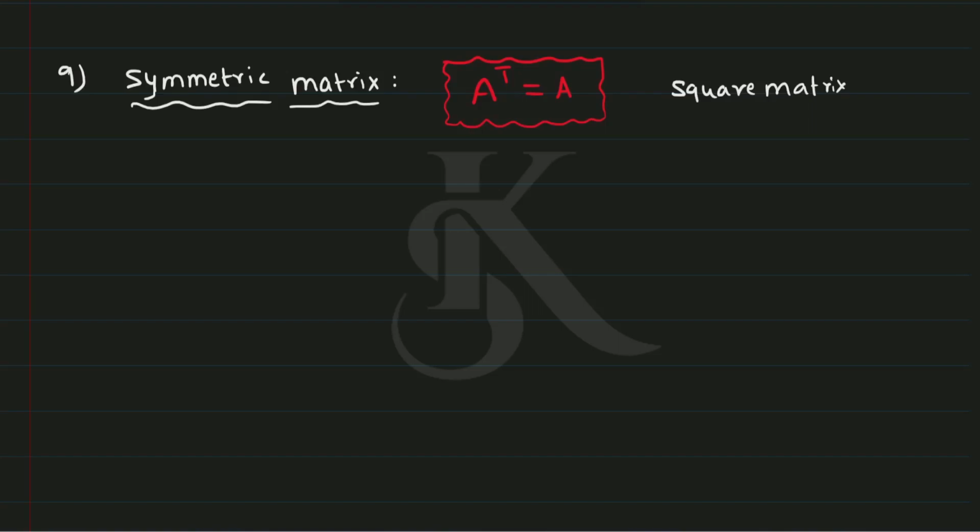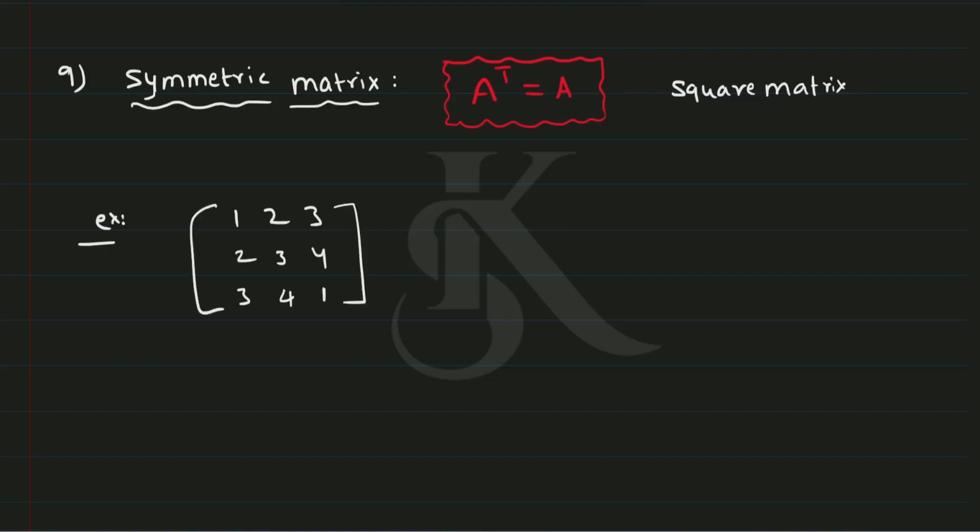Transpose means rows become columns, and columns become rows. I'll give you an example: 1, 2, 3. Suppose we take this matrix.